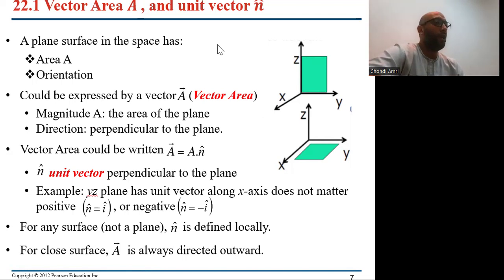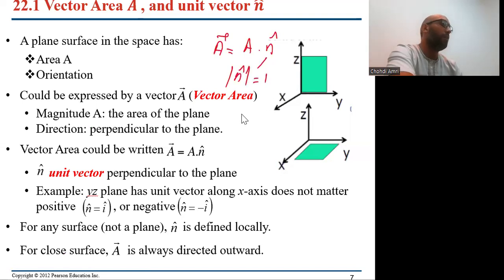A vector area is the area, the magnitude, multiplied by the unit vector. This unit vector, of course, because its name is unit, has magnitude 1, okay? But this area, for example, the surface area of a sphere, how much?